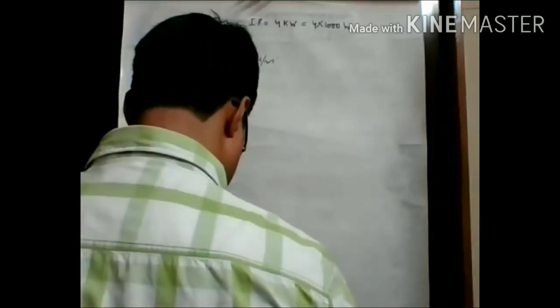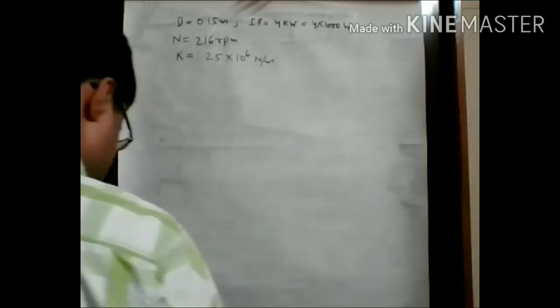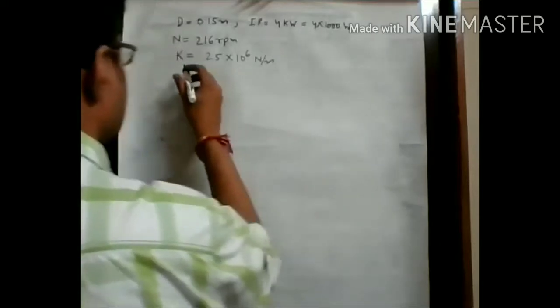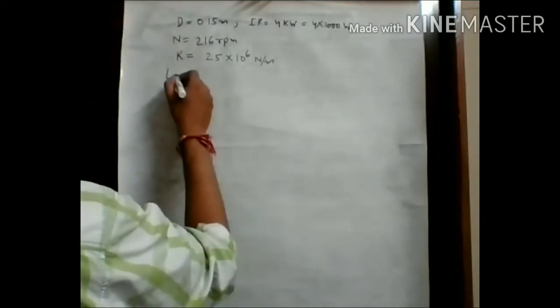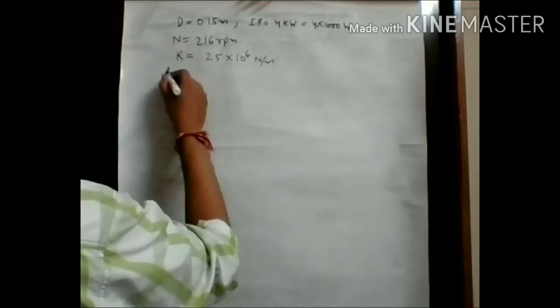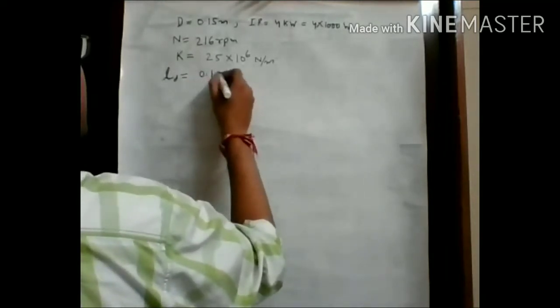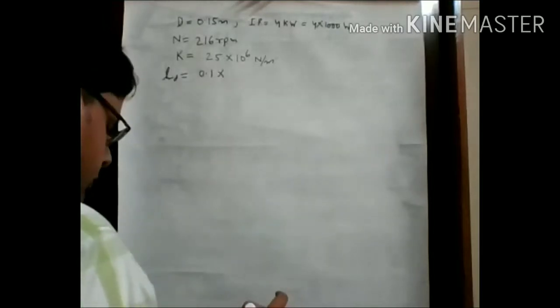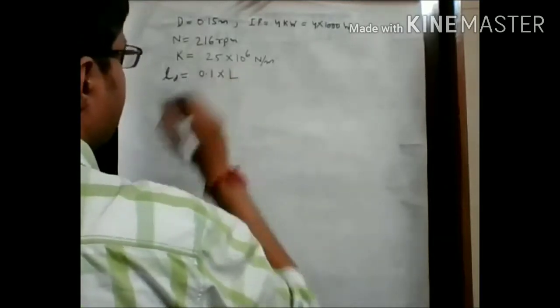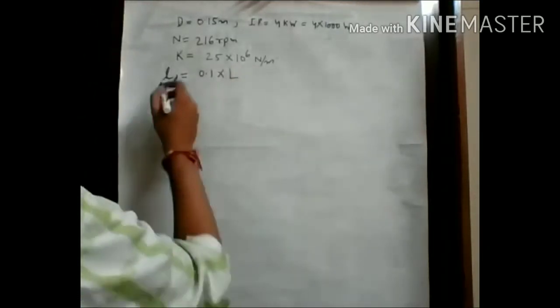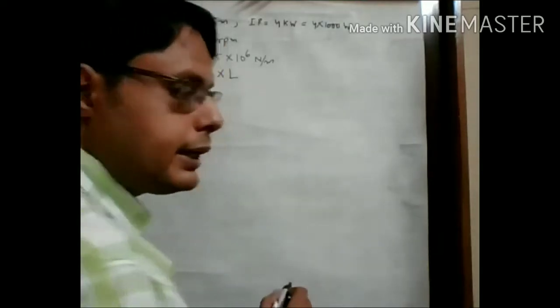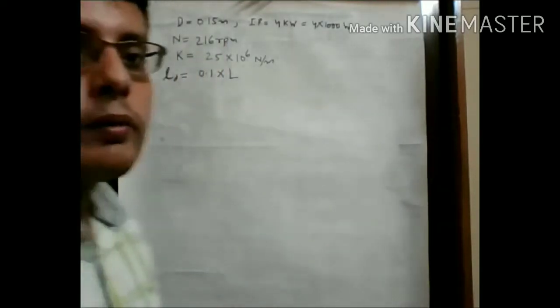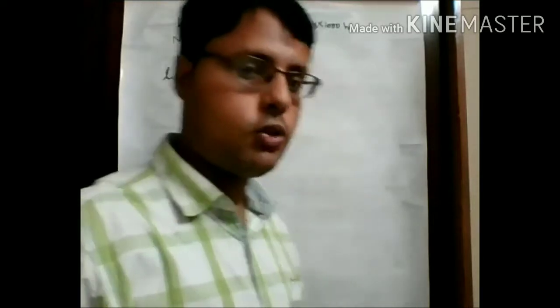Length of indicating diagram, that is LD, is equal to 0.1 multiplied by length of stroke of the engine. Okay, this is given.